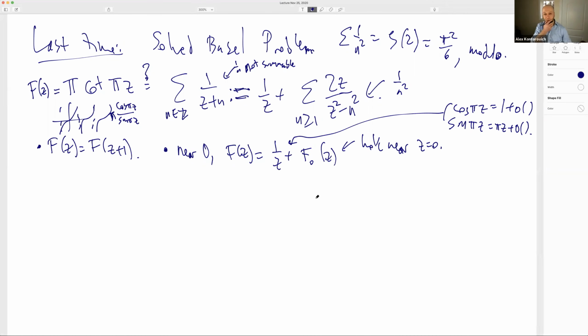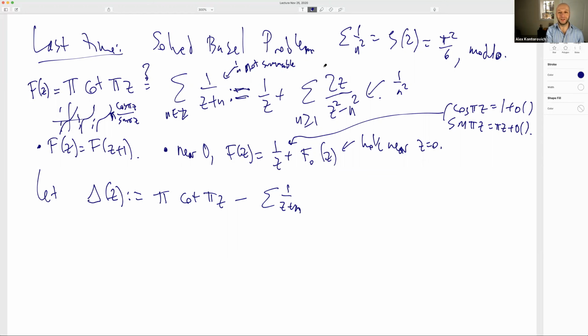Okay, so if you're happy with that, then let me set the function delta of z to be pi cotan pi z minus this sum 1 over z plus n, by which I of course mean this. This function delta is just like both of these functions.